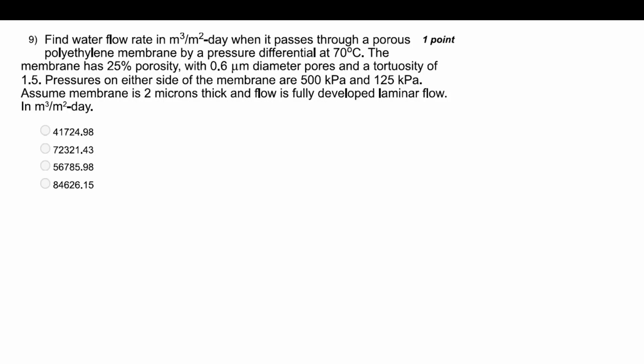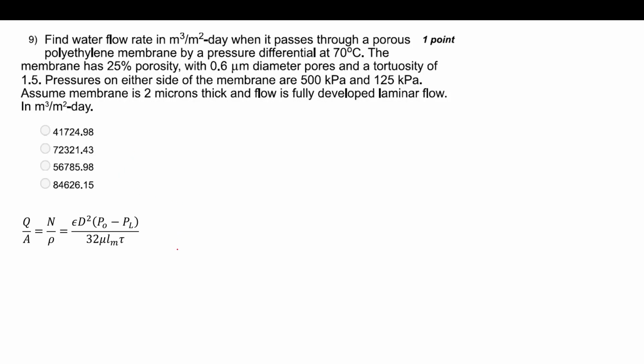The pressures on either side of the membrane are 500 kilopascal and 125 kilopascal. Assume the membrane is 2 microns thick and flow is fully developed laminar flow. Find the flow rate. So let's start with this question.